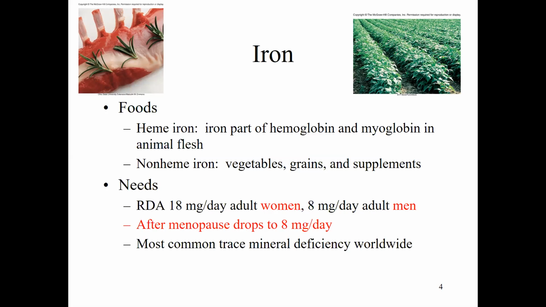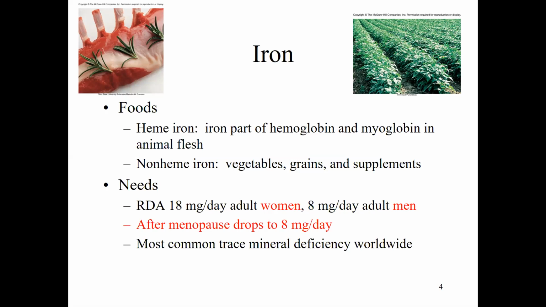So we divide that plant versus animal. We talk about heme and non-heme. I always think of heme as hemoglobin, which is that protein in our blood. And so when you eat animal flesh, you are in fact getting that hemoglobin.